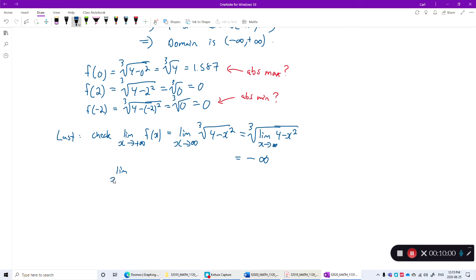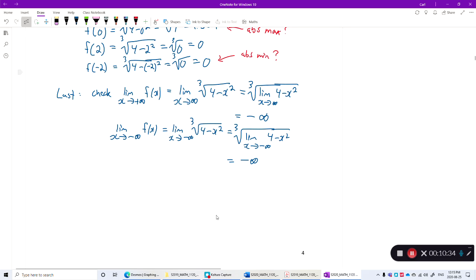If x goes to negative infinity, well, it actually gives me the same thing because of the square. The square means it doesn't matter that it's going to negative infinity. When I square it, it becomes plus infinity, but then there's that other minus sign. So that's also negative infinity.